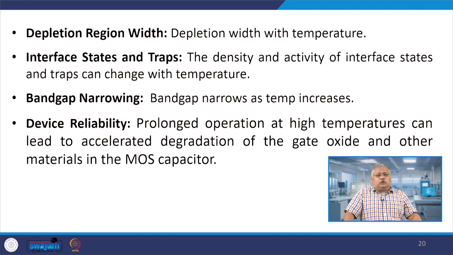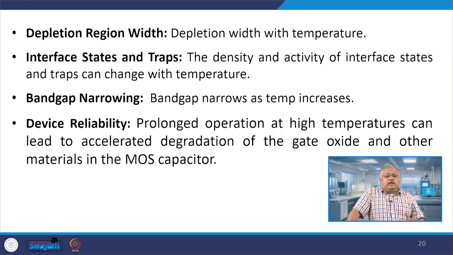Now, temperature also has its effect on depletion region widths, right, but for large channel devices they are not very much dependent. For small channel devices it does depend on it, right.